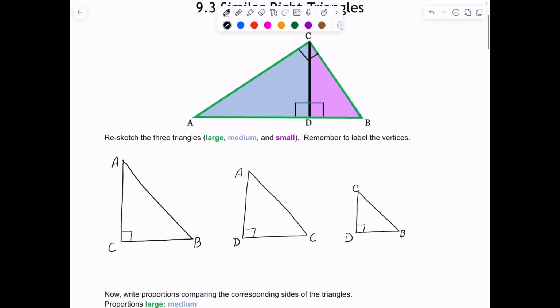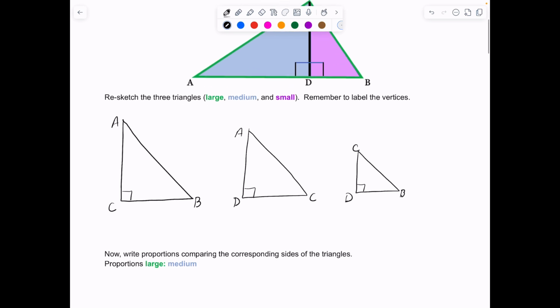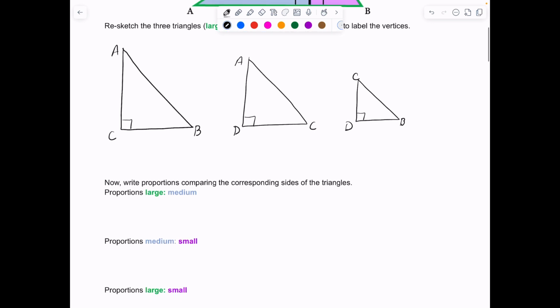And what we proved in class is that these three triangles are all similar triangles by angle similarity. So I'm going to write those proportions, those relationships, comparing these side lengths. I'll start with going from the large to the medium.